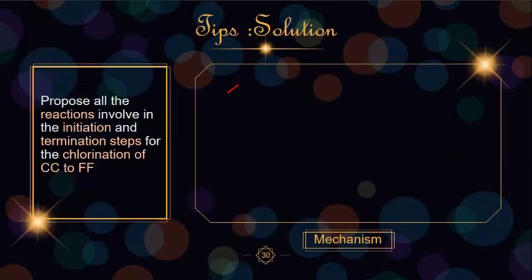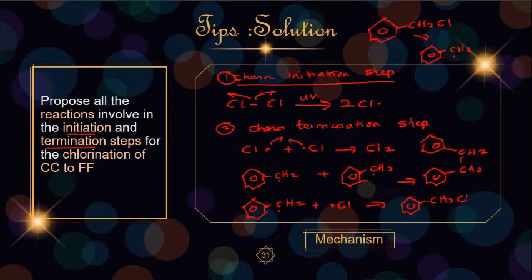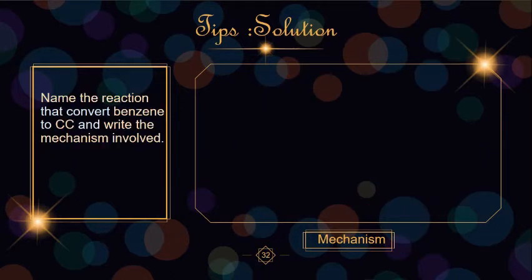So your answer for this question is, okay, the name of the reaction is Hydrocarbon alkylation. Okay, the name is done. Okay, so write the mechanism involved. So what is the mechanism involved here?